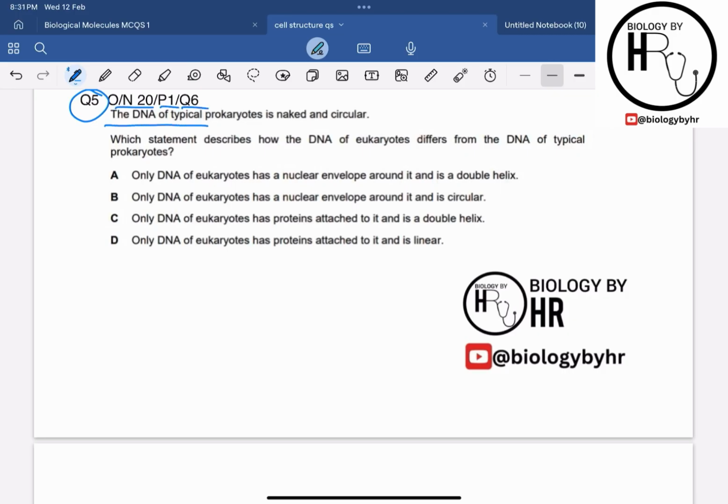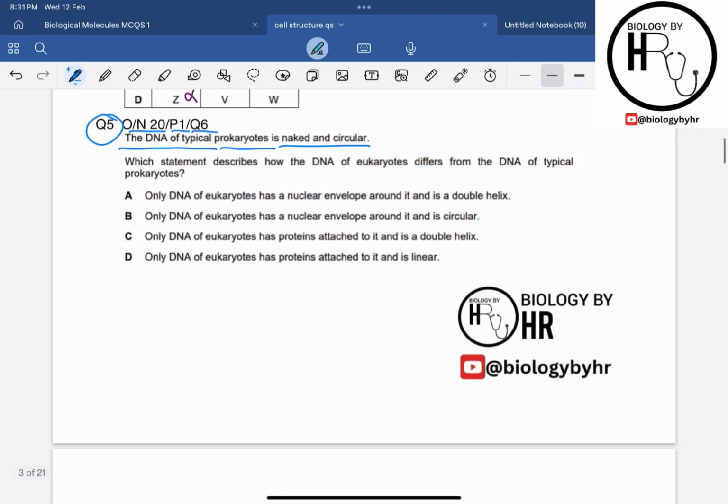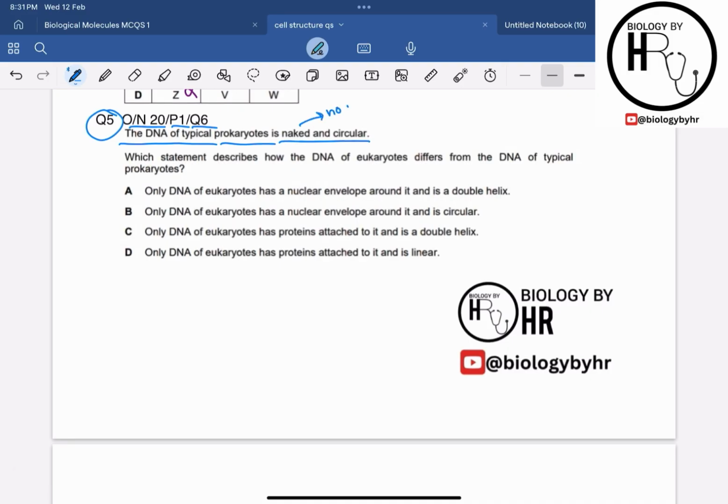It says that the DNA of a typical prokaryotic cell is naked and circular, right? It is circular and naked. Naked means that there is no nuclear envelope, right? There is no nuclear envelope. And then it says, which statement describes how the DNA of the eukaryotes differ from the DNA of a typical prokaryotic cell, which is the bacterial cell, right?